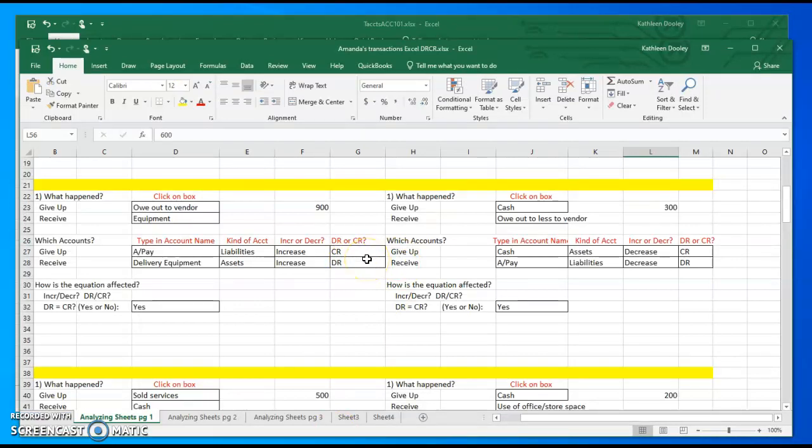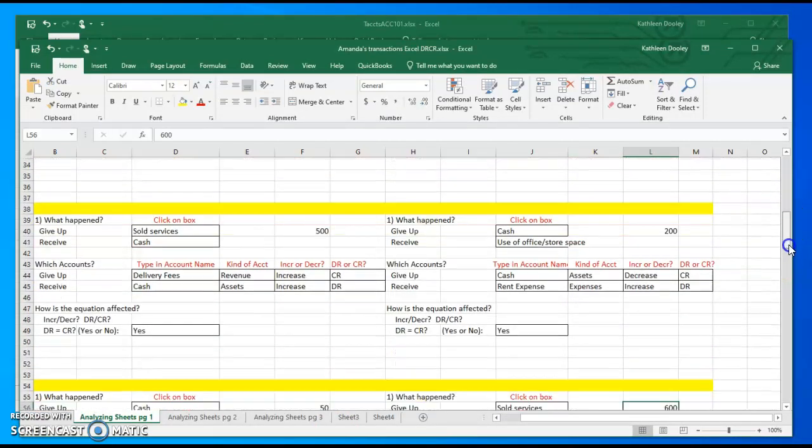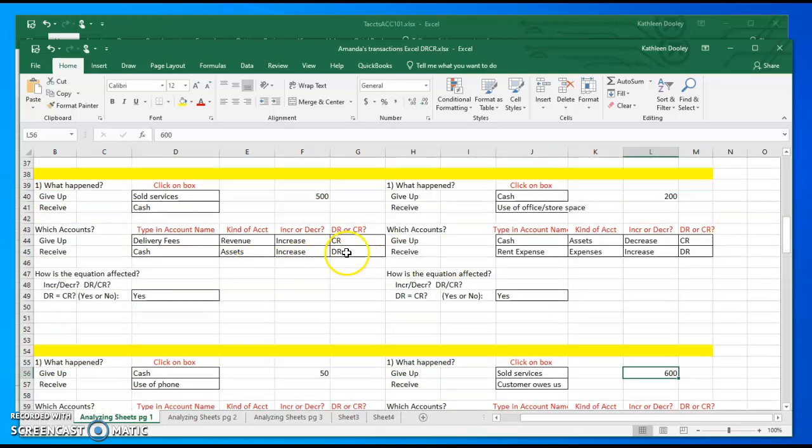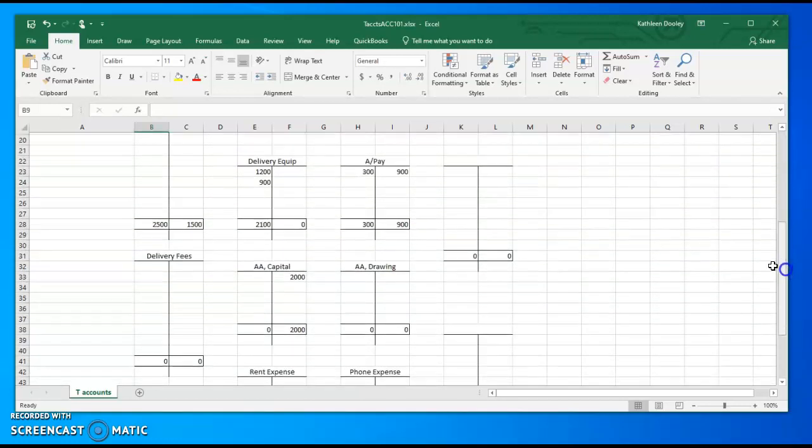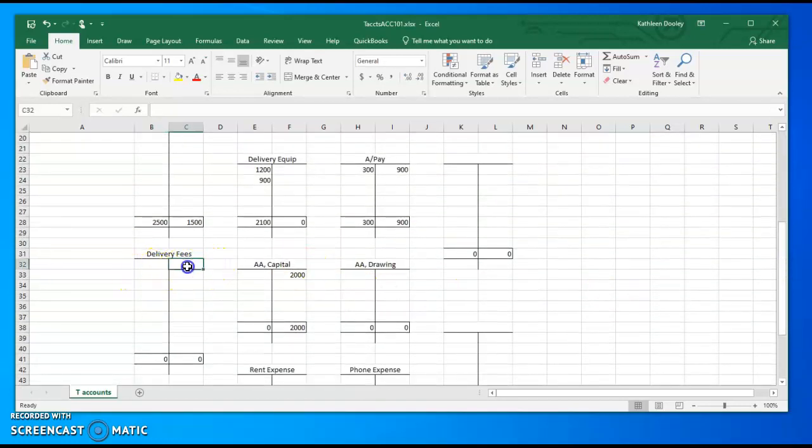Next transaction. I have a debit to cash and a credit to delivery fees for $500. Debit to cash for $500. That's left side cash for $500. And a credit, right side, to delivery fees for $500.